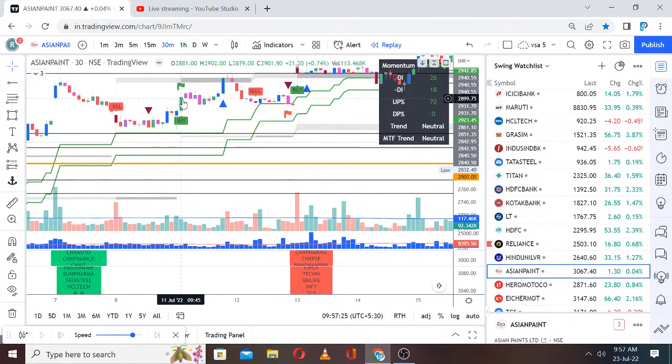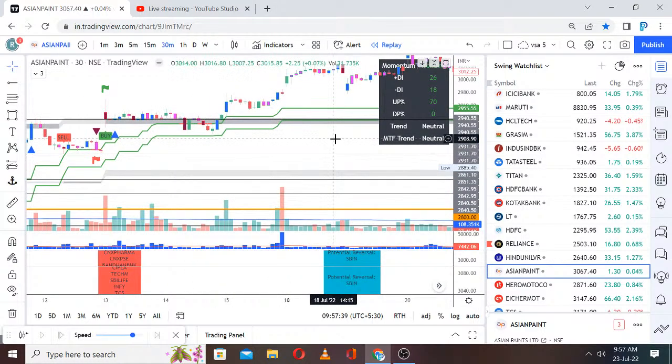Yeah, this is your entry, right? After touching the flip zone, this is your entry. You enter here, stop loss will be here. So this is how to trade.